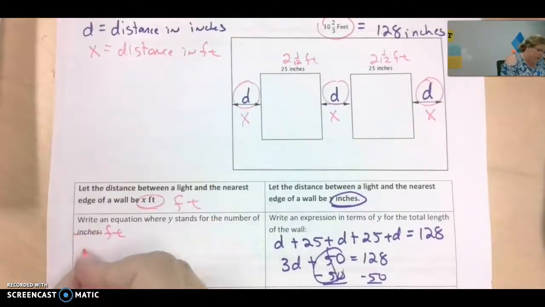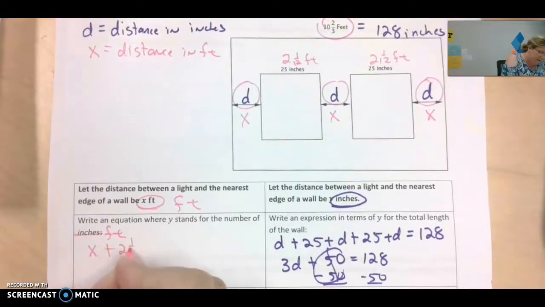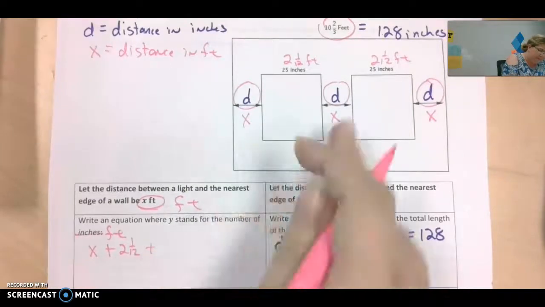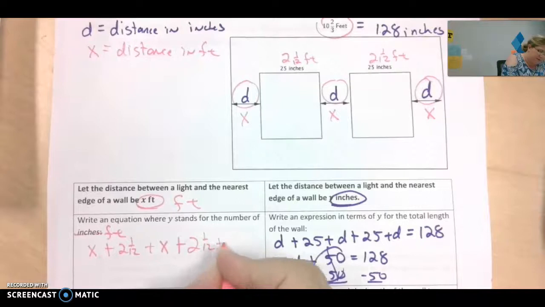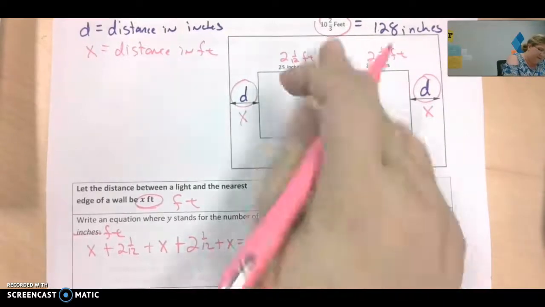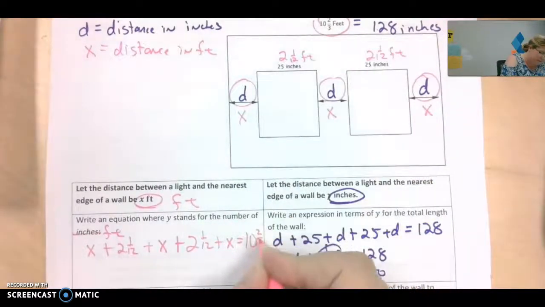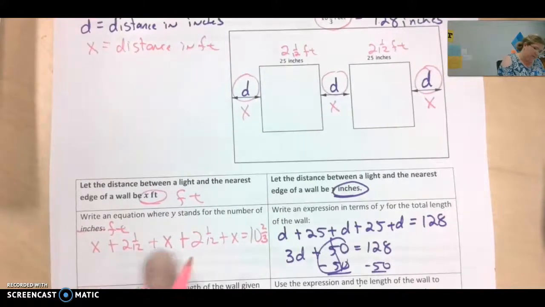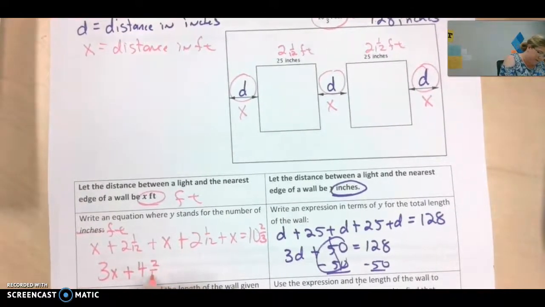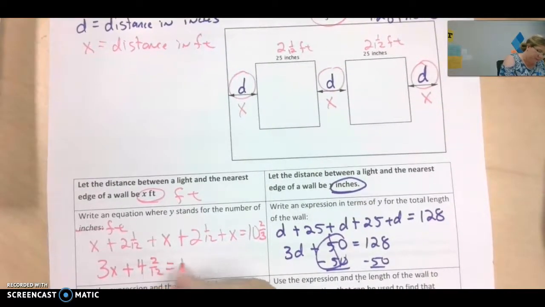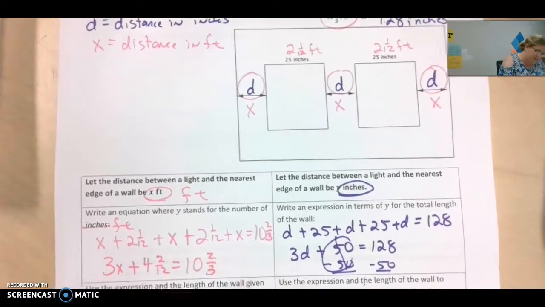So I've got x plus 2 and 1/12 plus x plus 2 and 1/12 plus x equals 10 and 2/3. Alright, so 1, 2, 3 x's plus 4 and 2/12 equals 10 and 2/3.